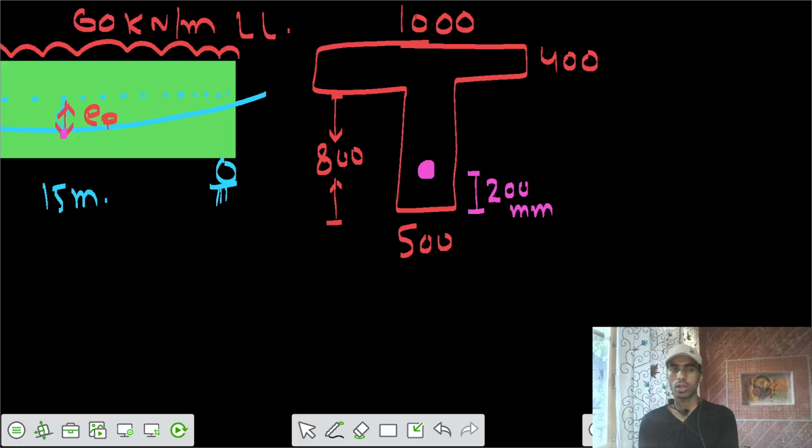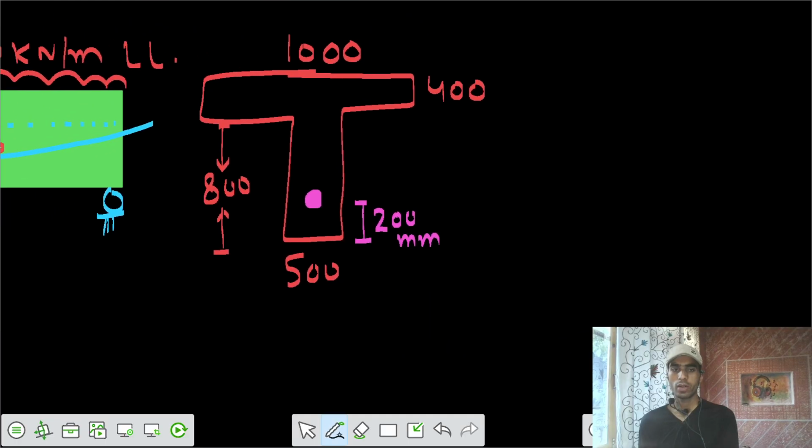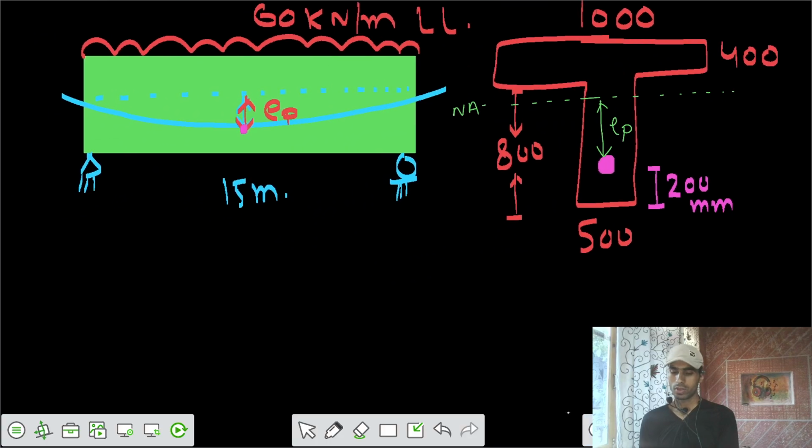For that I have to calculate the neutral axis. Let's say the neutral axis is somewhere here, and I want to find this value of EP. Now, what is the problem saying?